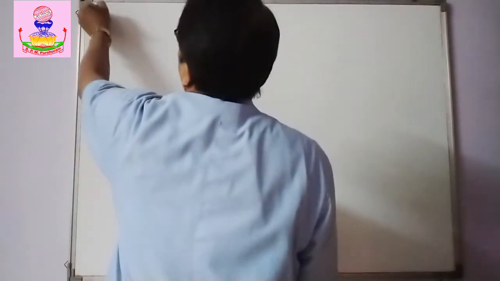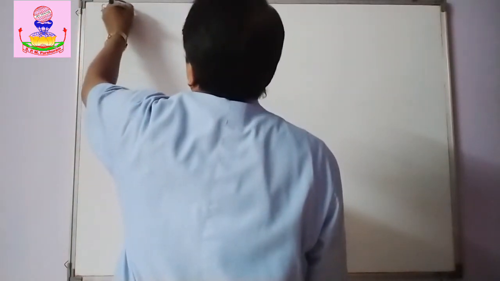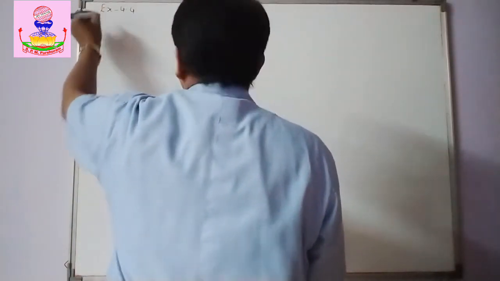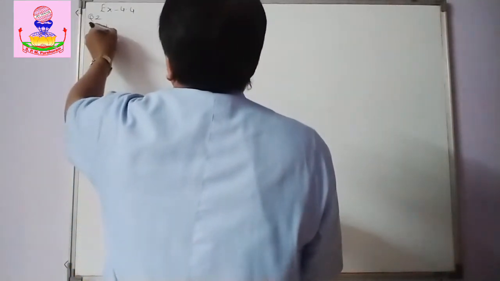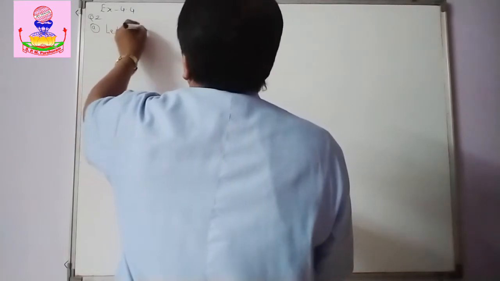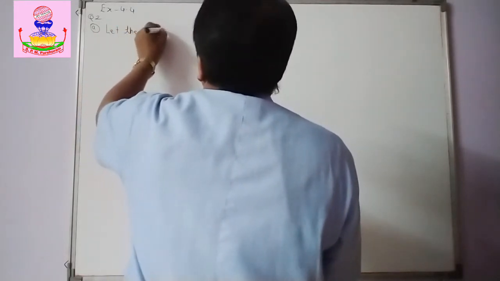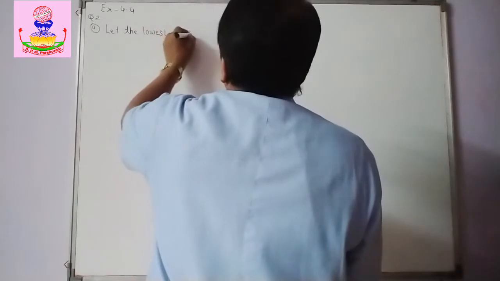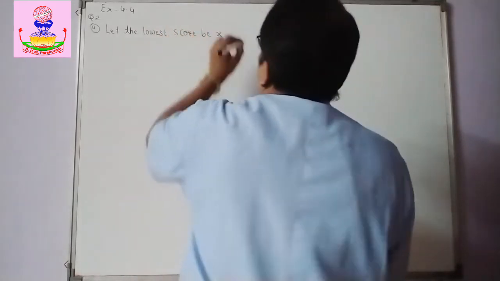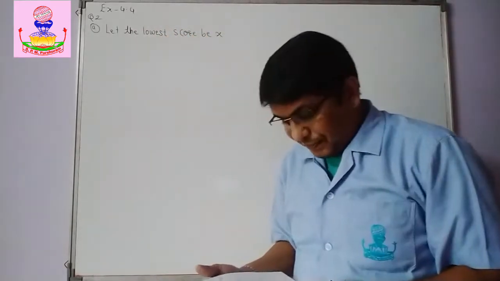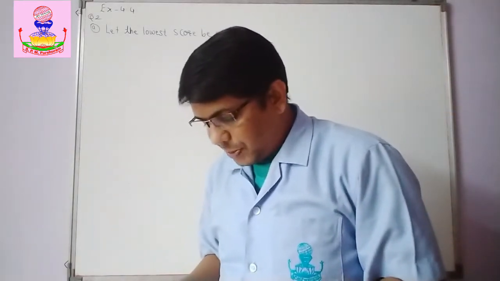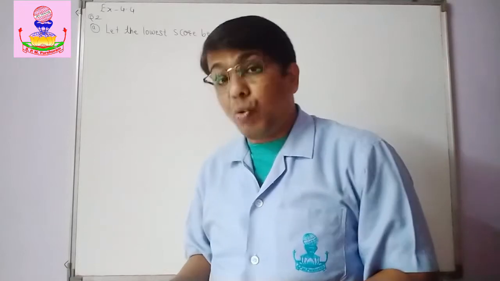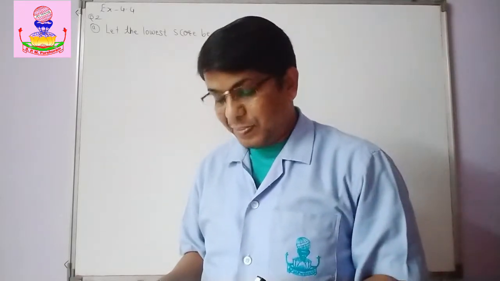So exercise 4.4, question 2 A. Let the lowest score be X. Right? Then what does it say? Statement: highest marks obtained by a student in a class is twice the lowest marks.